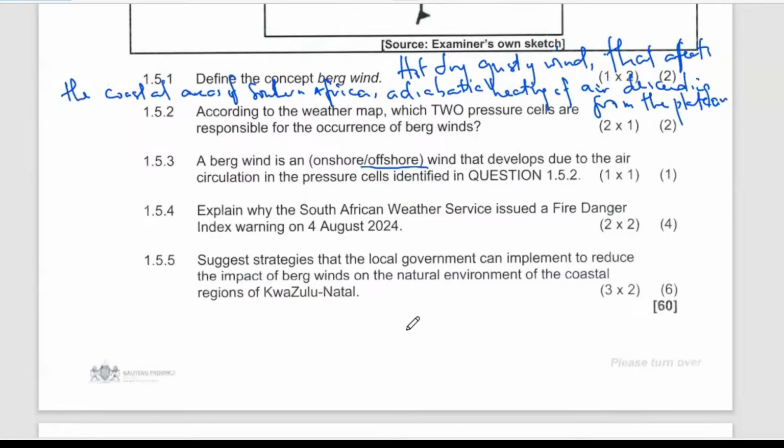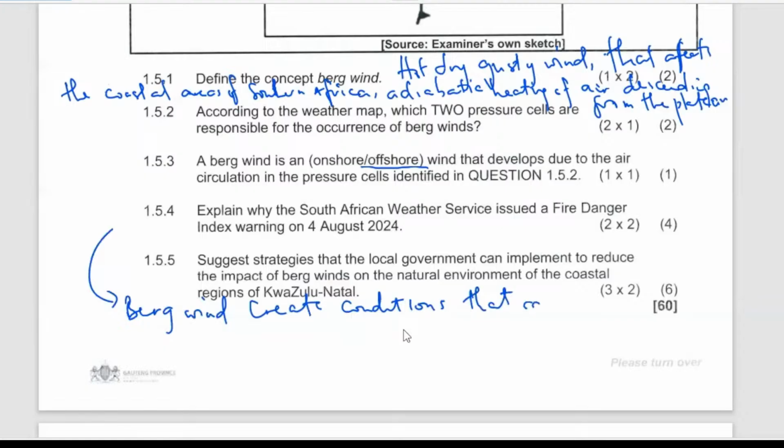Right. What facilitates the fires? We are saying the Berg winds. Let me try to explain here. The Berg winds create conditions that cause wildfires. What are the conditions associated with the Berg winds that facilitate wildfires?